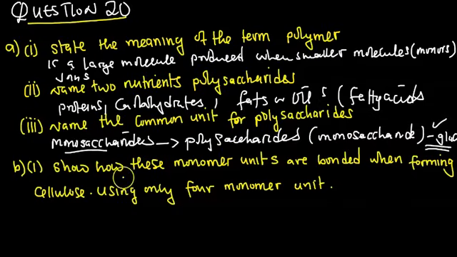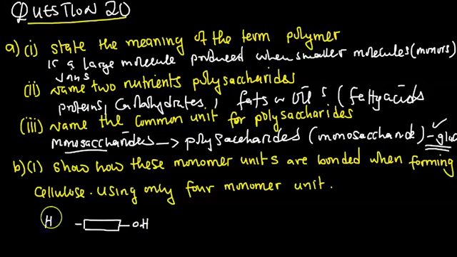Show how the monomer units are bonded when forming cellulose using only 4 monomer units. The monomer is glucose, and it is represented like this. Here there's a hydroxyl group, and on the other side there's also a hydroxyl group.